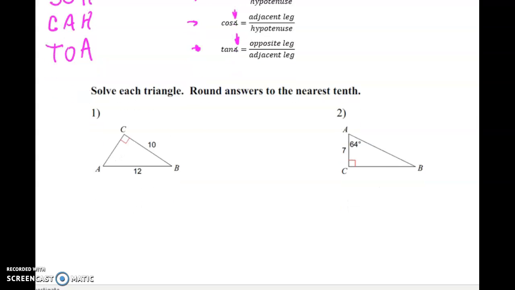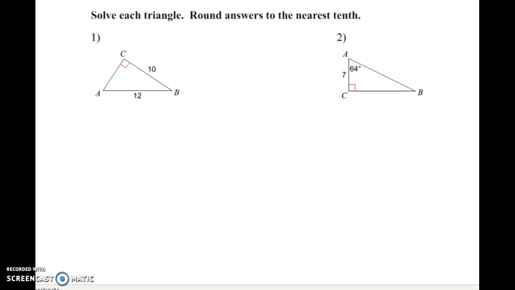So let's check out number 1. Solve each triangle. Notice that in this particular triangle, we are given two sides, and let's say we want to find angle A first. So we would say, what have we been given? We've been given the opposite side, and we've been given 12, which is the hypotenuse.